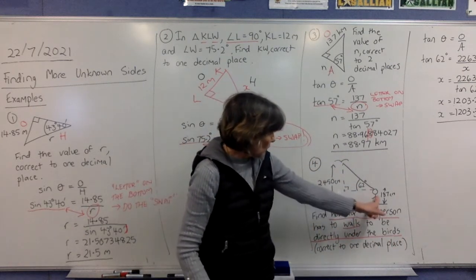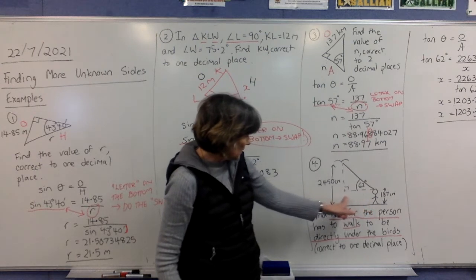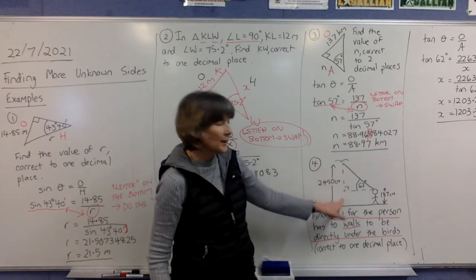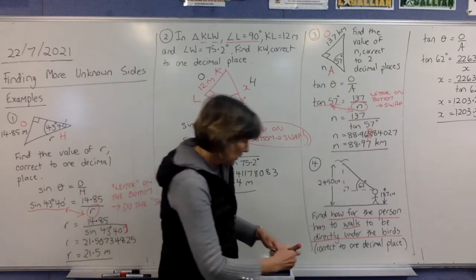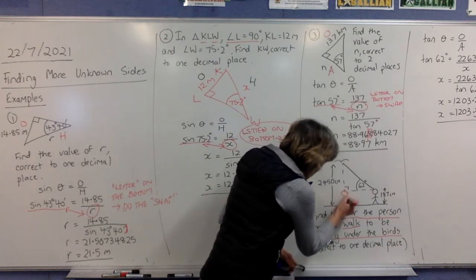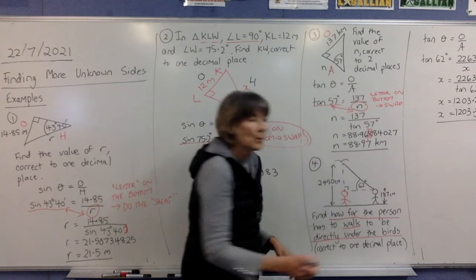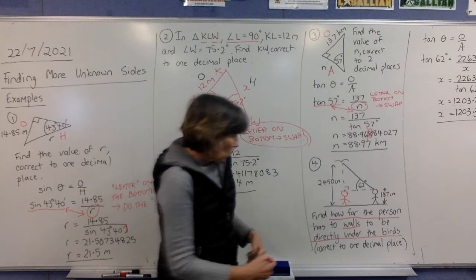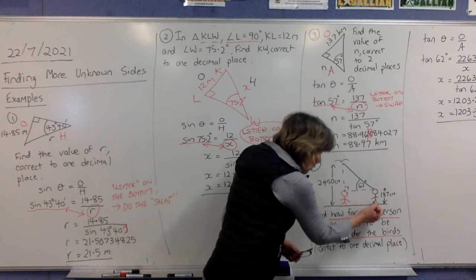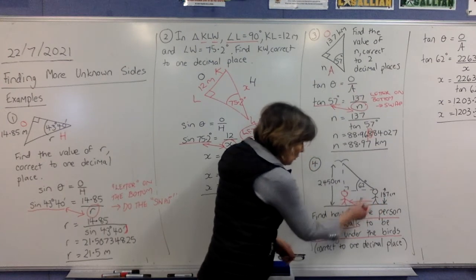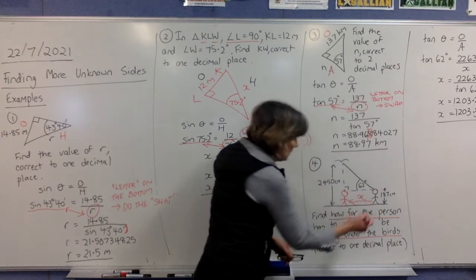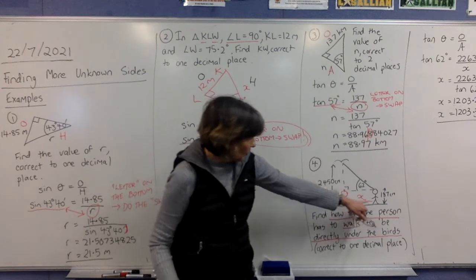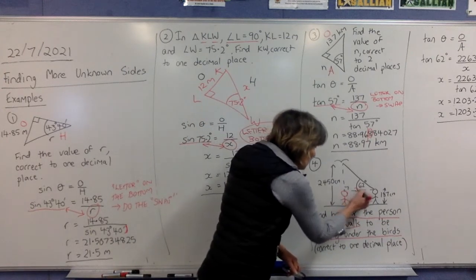So, he's walking this direction and then he's going to get to here, then he'll be directly under the bird. Alright, so he's going to be moving to that spot there where he's directly under the bird. Now, we need to find how far he walked. So this is what you're looking for. We'll just call it X.